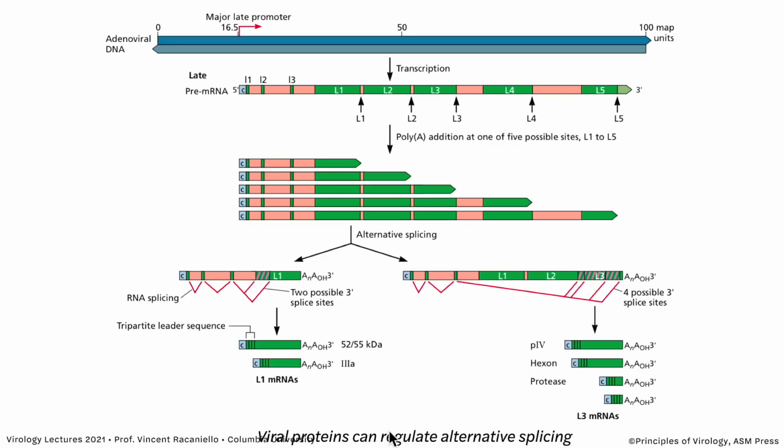Viral proteins can in fact regulate alternative splicing by mechanisms we don't have time to talk about. But essentially, you can make a lot of proteins from one gene and expand coding capacity by this kind of combination of cleavage and polyadenylation, and alternative splicing.